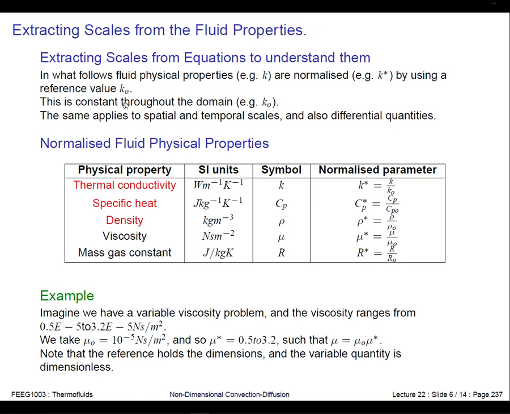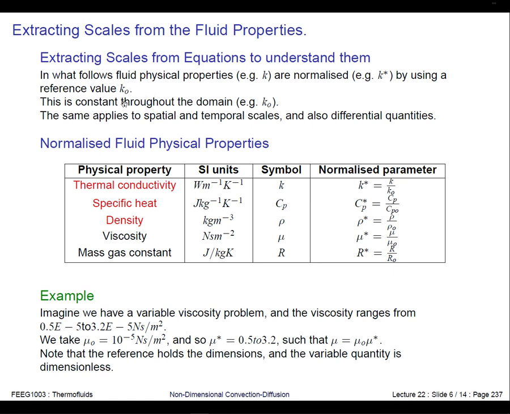And these reference values are the big and the small numbers. And we collect these together, and we use these to work out what's going on in our fluid. So the process is really trying to work out what the relevant scales are in the problem.